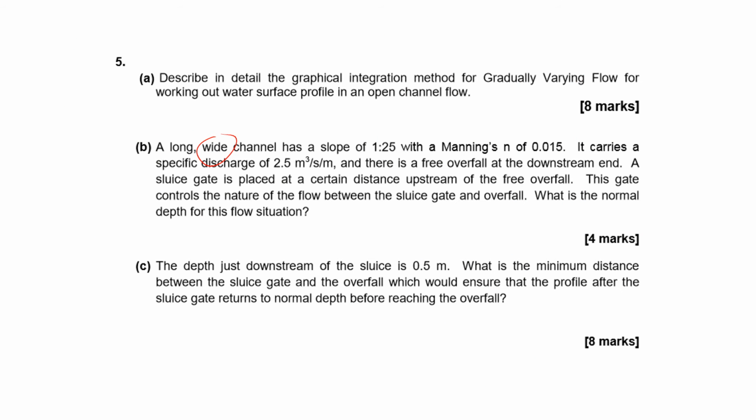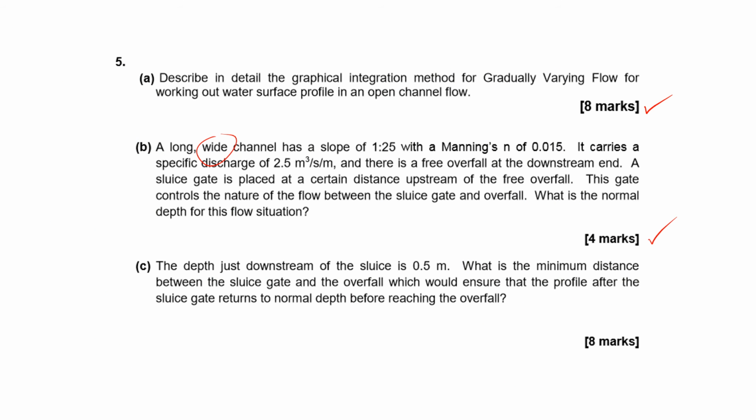So 8 marks you should be able to automatically guarantee yourself, because part A is really easy. It's just remembering what the two methods are. Part B, again, is fairly straightforward, just working out yn. Part C is the tricky part, the most difficult, and that's why you get 8 marks for that question.